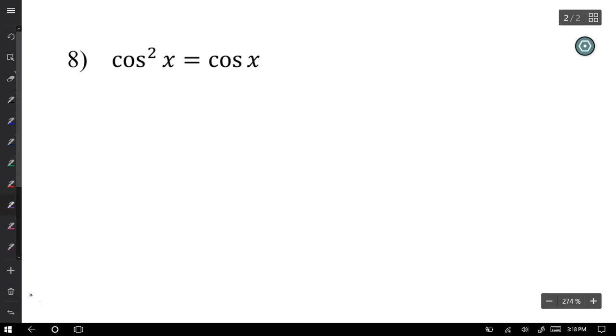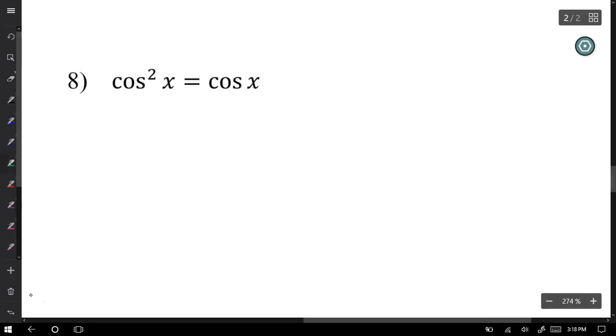But there are a few things I'm going to keep in mind with the structure of number 8. Right away, I see I have a cosine squared. A flag that comes to mind when I see a squared is there's a chance I'm going to factor. Not guaranteed, there's a chance. Well, when you factor, you want to set it equal to 0.